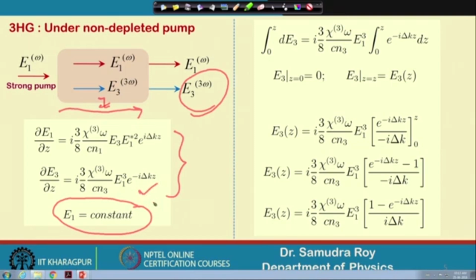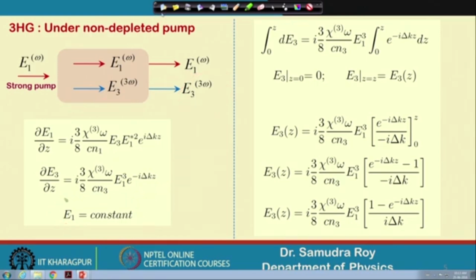Once we consider E1 a constant, it is very easy to solve this equation. We know from our study of the second harmonic generation process that once we consider the pump to be very strong and constant, the equation becomes quite simple and the integration is very straightforward. So, now I integrate this equation, because I want to find the evolution of E3 and E1 is constant.